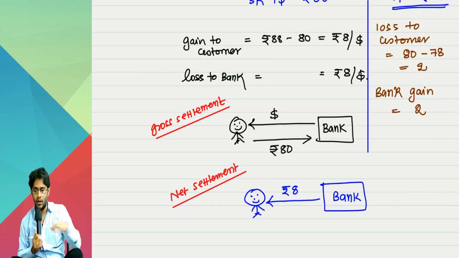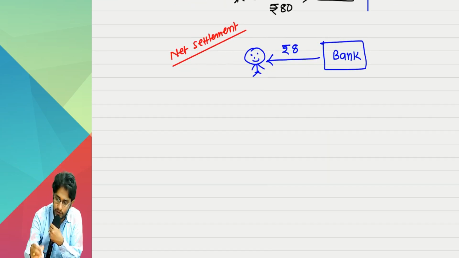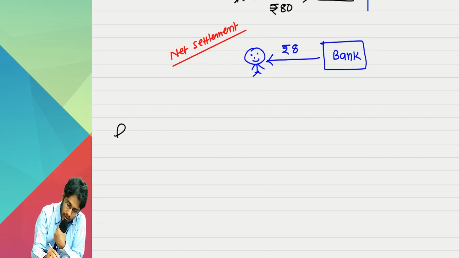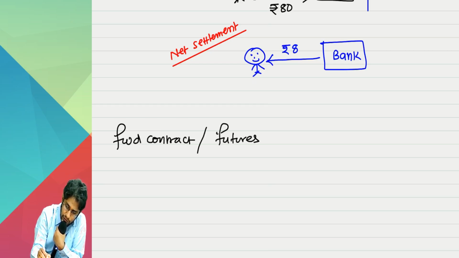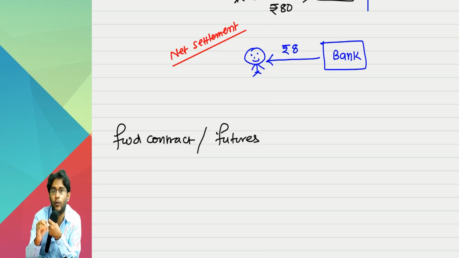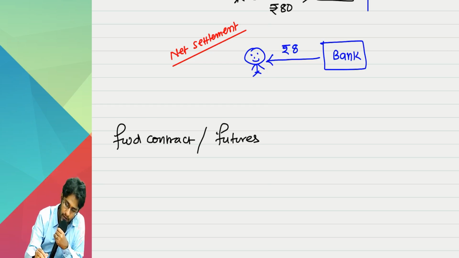That's all. Now, what I want to tell you from this is, in a forward contract, or for that matter in a futures contract, when will you gain, when will you lose?